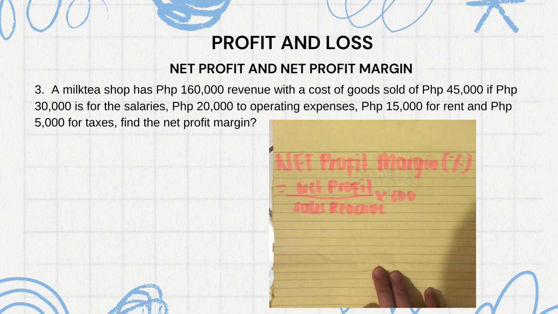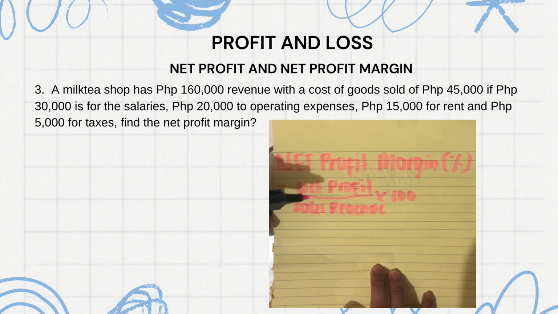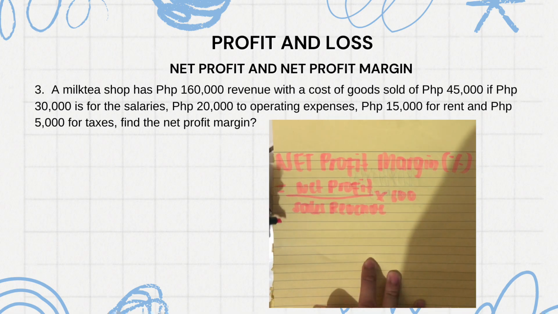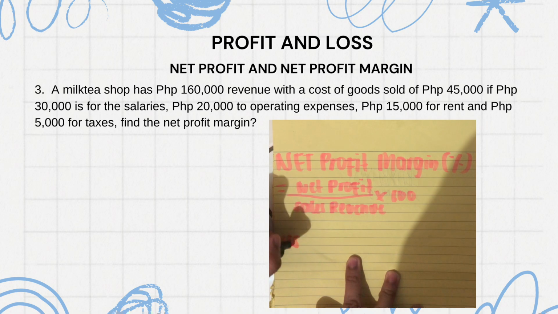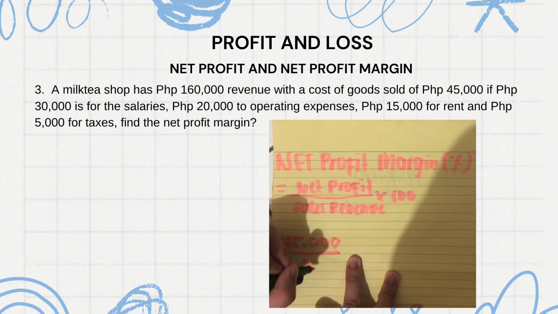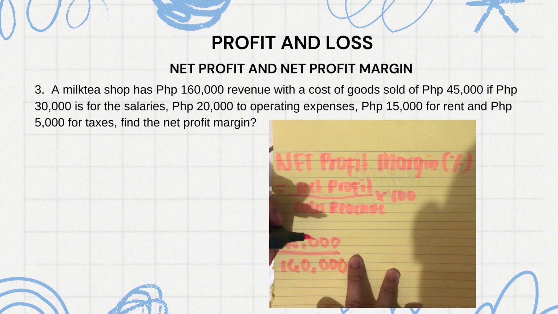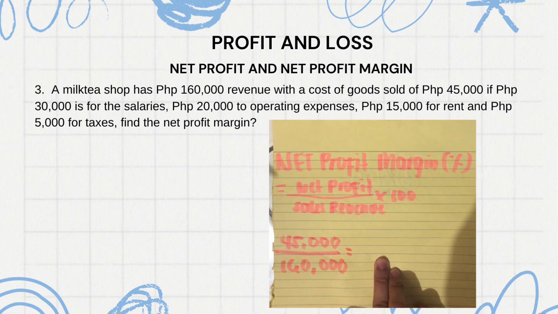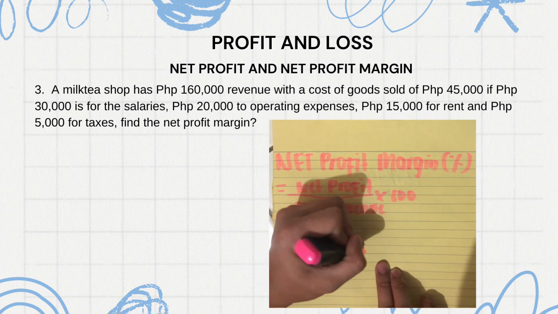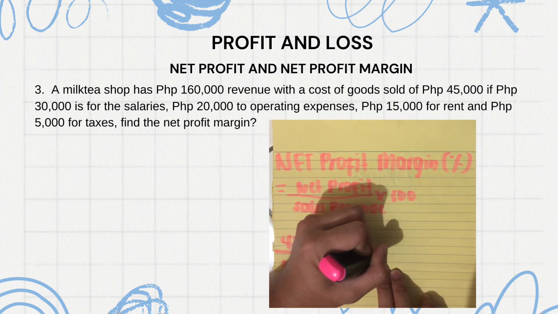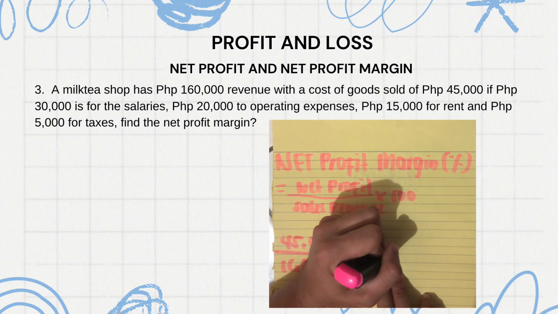Here net profit is 45,000 over sales revenue, 160,000. 45,000 divided by 160,000 equals 0.2812.